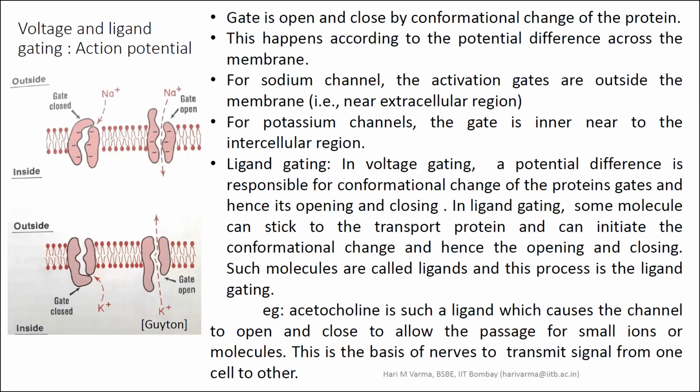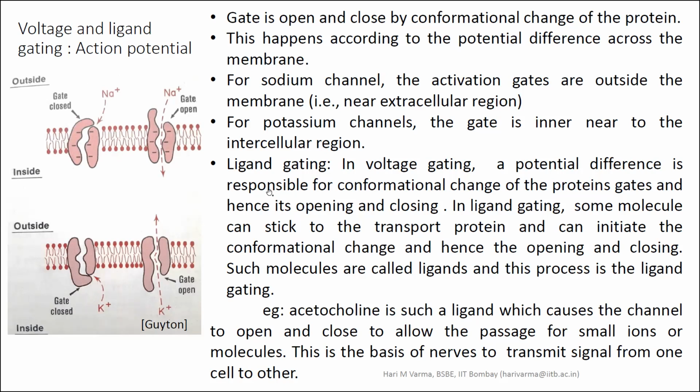Then the sodium gate will open. Similarly, this potassium gate can open. So by changing the potential difference across the cell, I can open or close this gate, which can cause the sodium ions to come inside or the potassium ions to go outside. So this is called voltage gating.